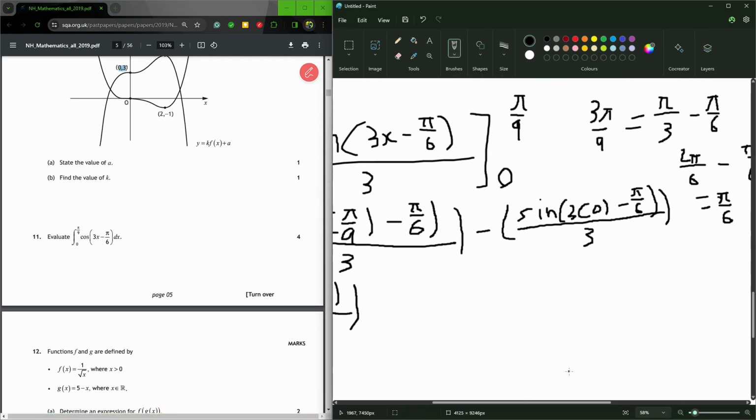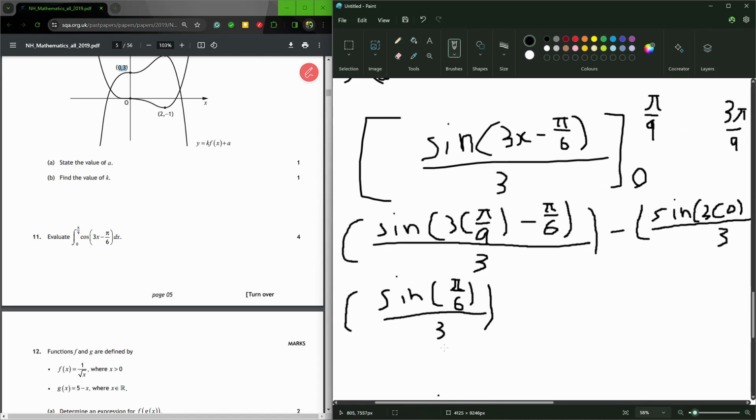So, 3 times 0, you never guess, it's 0! So we're just left with this sine of minus pi over 6. So, yeah, should be pretty simple. That is a sine, I swear, it's an S.